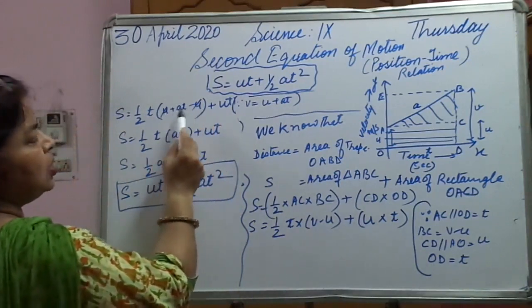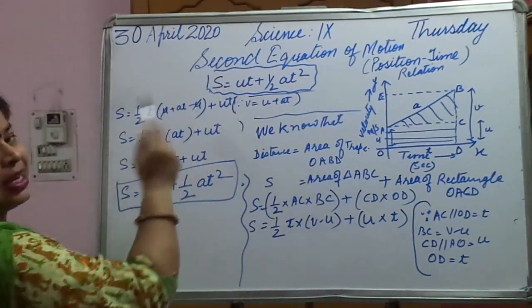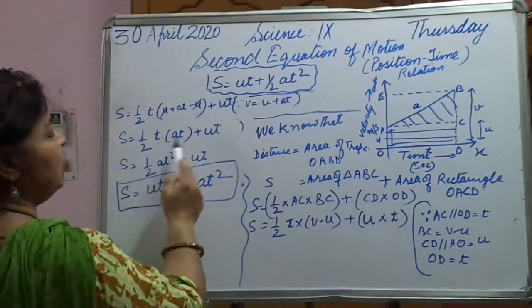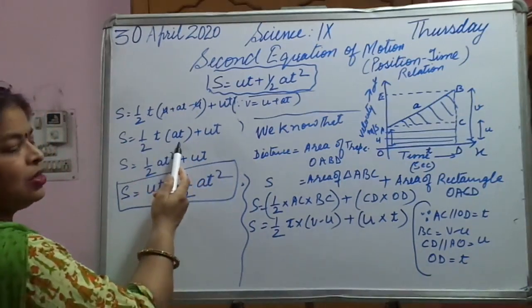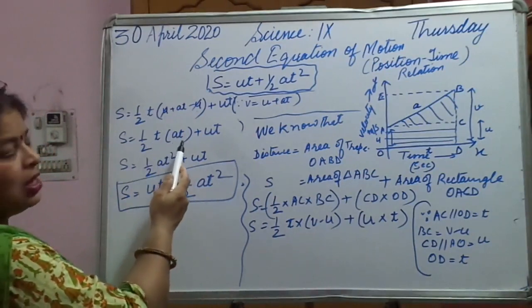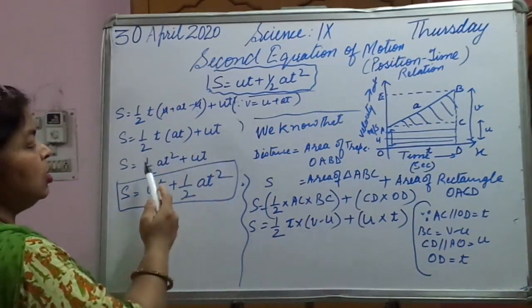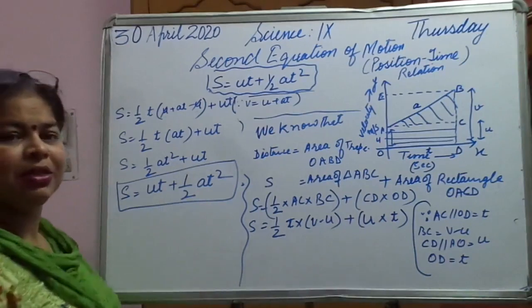Now this U is positive and this is negative, so they get cancelled, and plus UT. Solving further, we get half AT square, T multiplied by AT, half AT square plus UT. So it becomes half AT square plus UT.